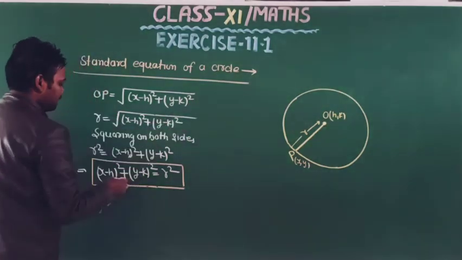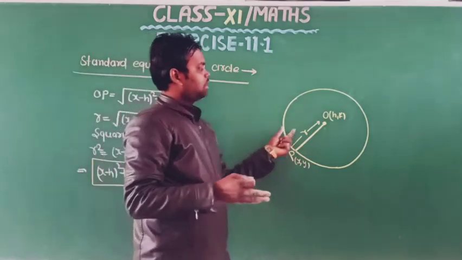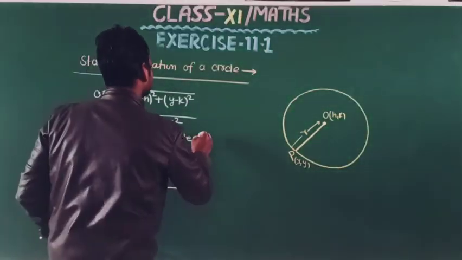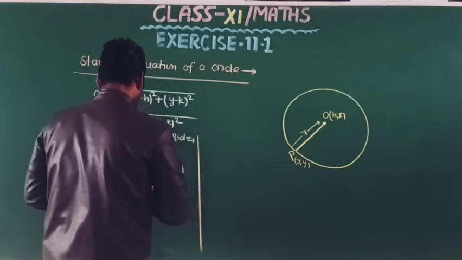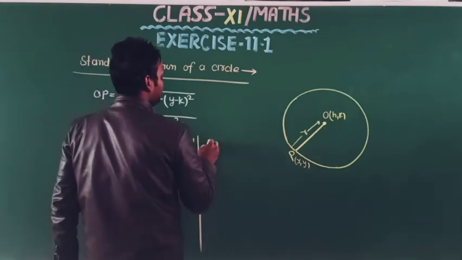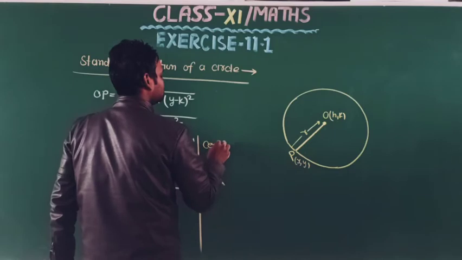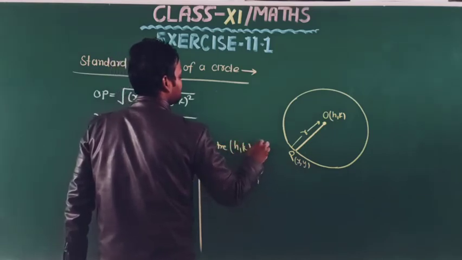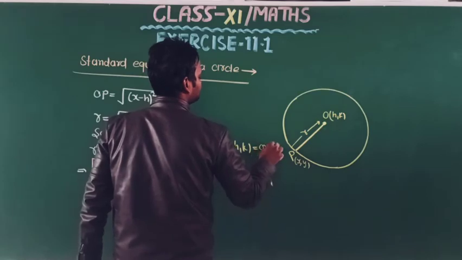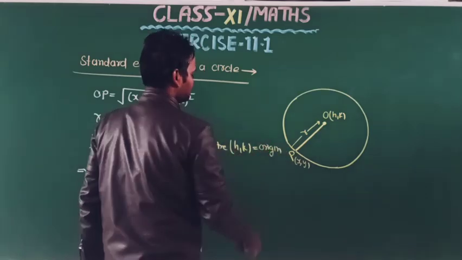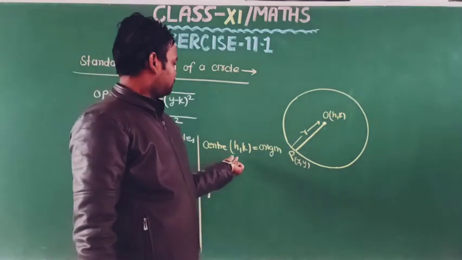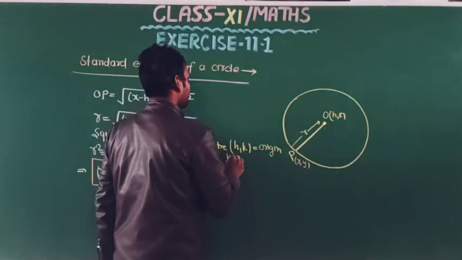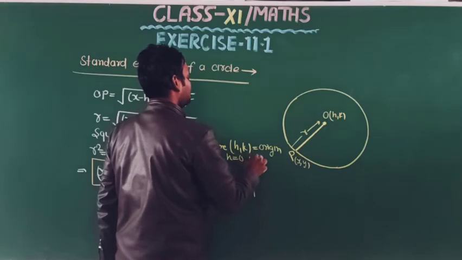Suppose the center of the circle h comma k lies at the origin. This means the values of h and k become 0, h equal to 0 and k equal to 0.